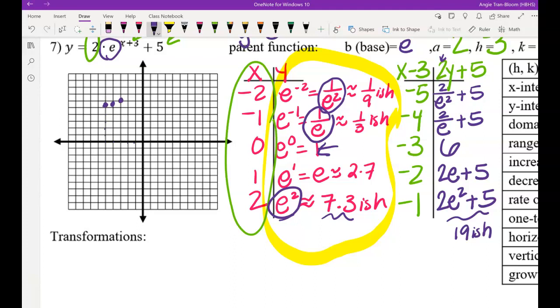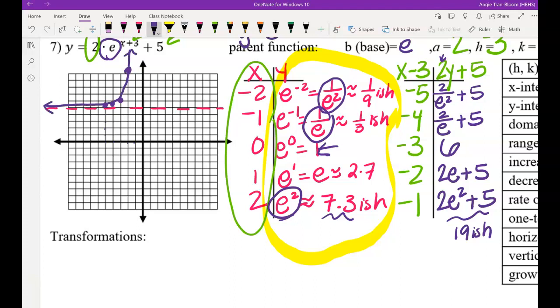At -2, remember 2 times 2.7, let's just say even 2.5, so that's going to be 5. 5 plus 5 is going to be 10. So we know slightly more than 10, okay? So at -2, I'm going to go a little bit more than 10, just like that. And I don't have 19 grids, so I'm going to stop right there. We know that things shifted up 5 units, so our horizontal asymptote here is good. Now we have this little dot, okay?